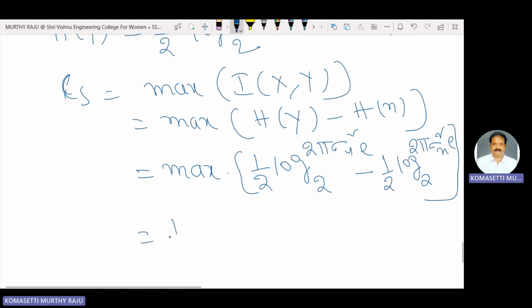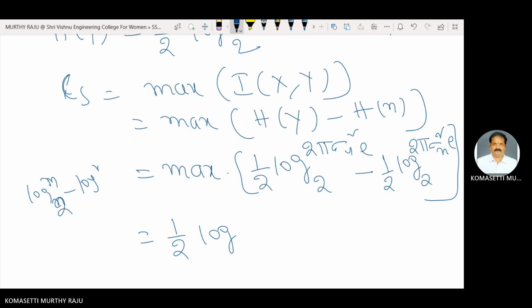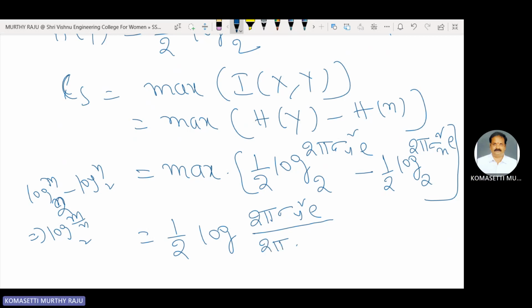That is 1 by 2 log m minus log n to the base 2. That is log m by n to the base 2, 2 pi sigma y square e by 2 pi sigma n square e. 2 pi cancel, e cancel.